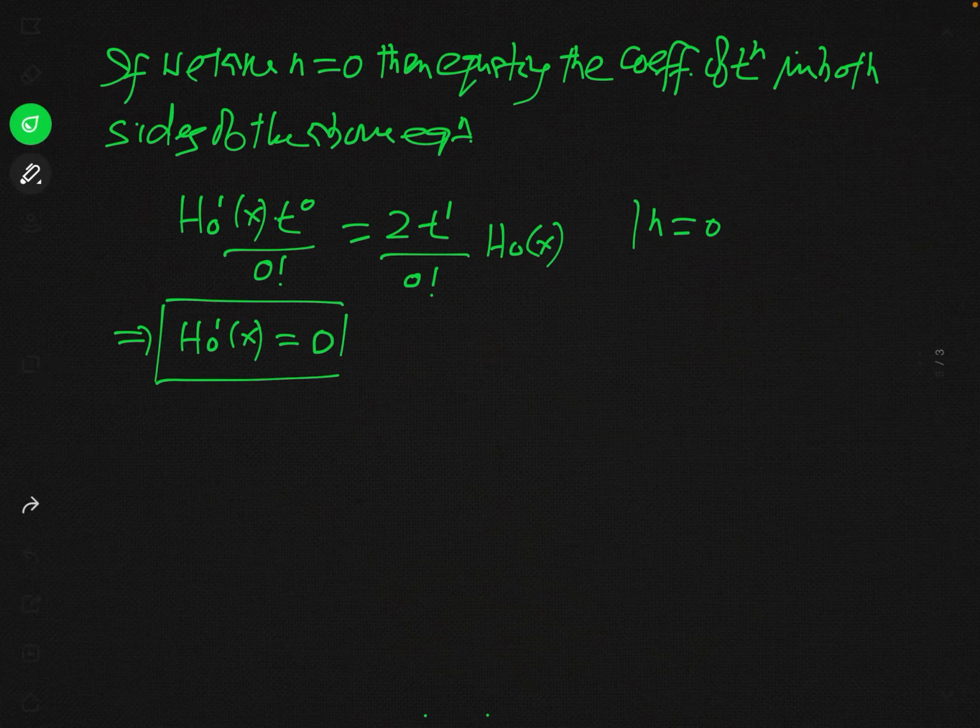Now again we will equate the coefficient of t raised to the power n from both sides of this equation, but when n will be greater or equal to 1. So what will be our result? You can see easily.